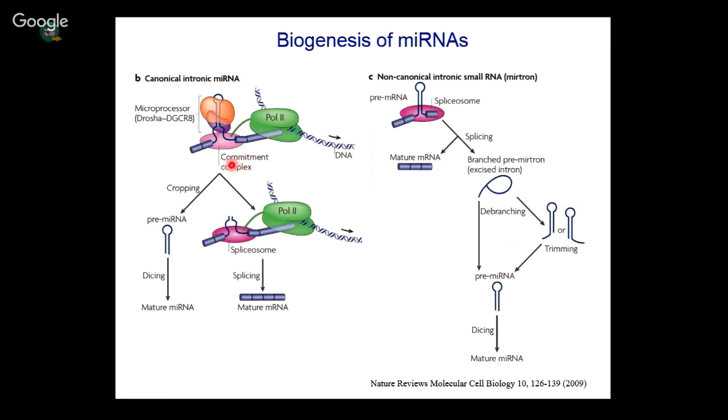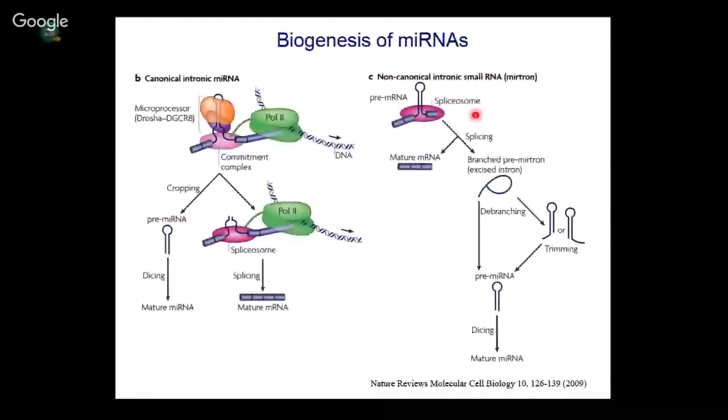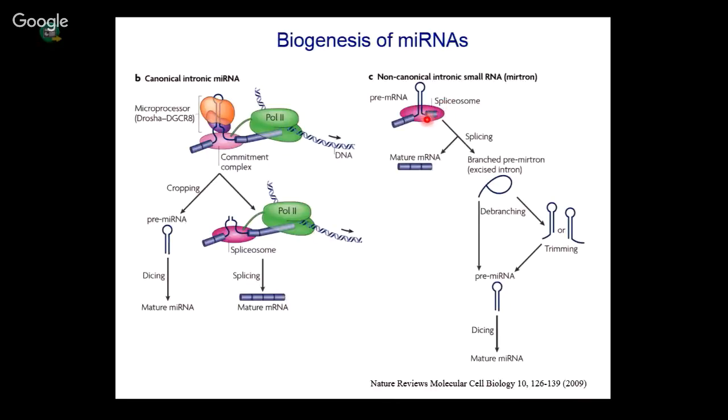At the same time, the spliceosome complex also triggers the splicing, so they can generate a mature mRNA in parallel.